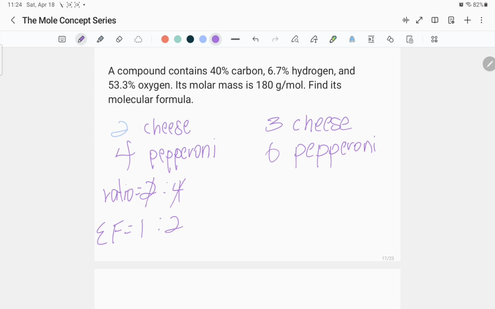So now your molecular formula of this pizza will be 3 to 6. And if we break it down, we should get back 1 to 2 as the empirical formula. So the molecular formula is just the multiple of the empirical formula.